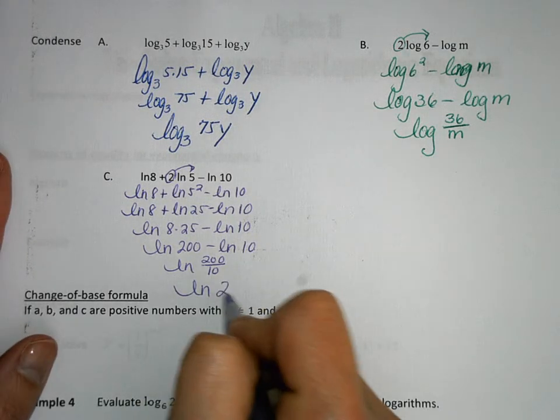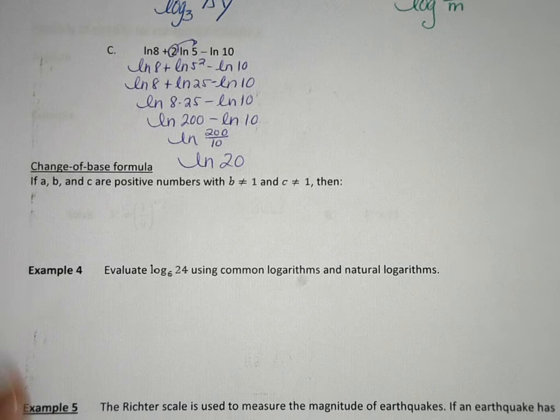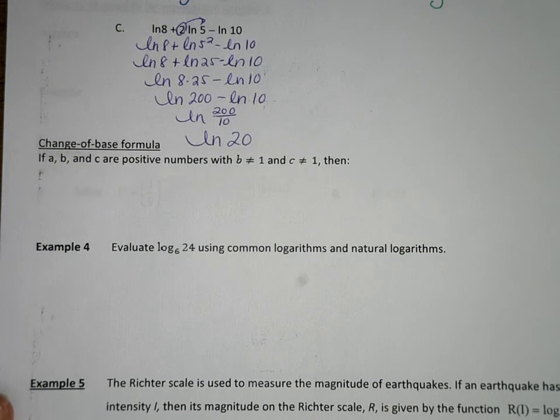20. All right. Now, we have already discussed the fact that my calculator can only handle what kind of logs? Base 10 and base e, natural log, the common log and the natural log. But we have the ability to change the bases of our logarithms.